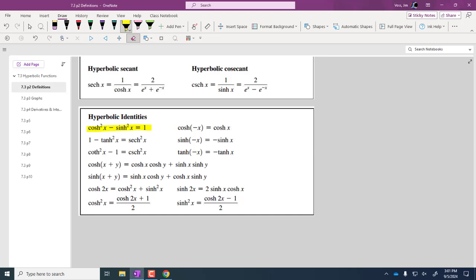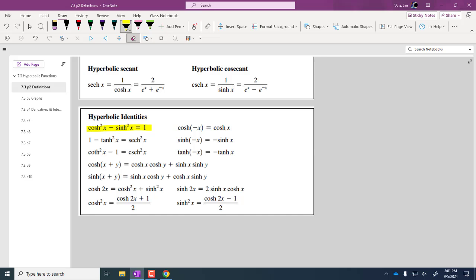The way you remember that cosh comes first is to think of the graph: cosh is the bigger one, higher than sinh. So to end up with a positive 1, you do cosh squared minus sinh squared, because cosh is bigger in magnitude.